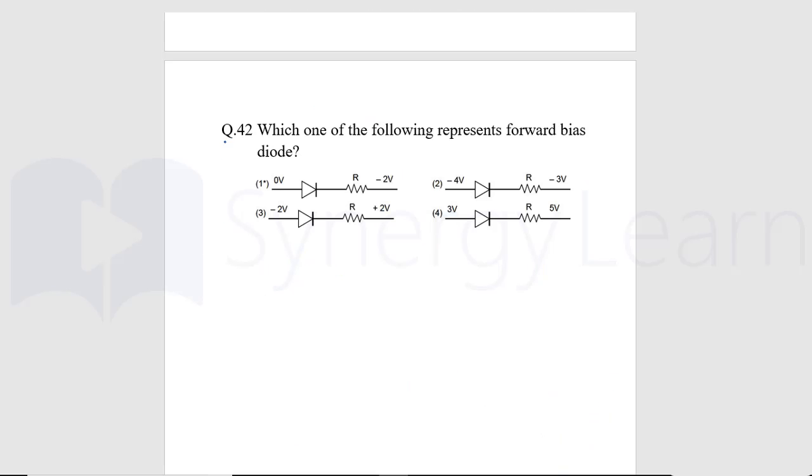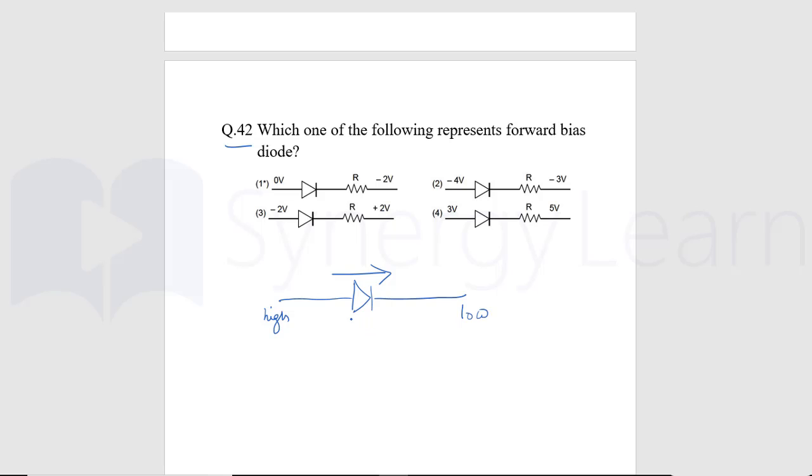In question number 42, it says which one of the following represents a forward bias diode? A forward bias diode is one in which the input side is at high voltage and output is at low voltage. Then this diode will conduct and it will be called forward biased.